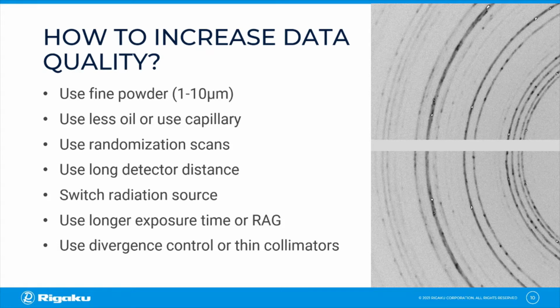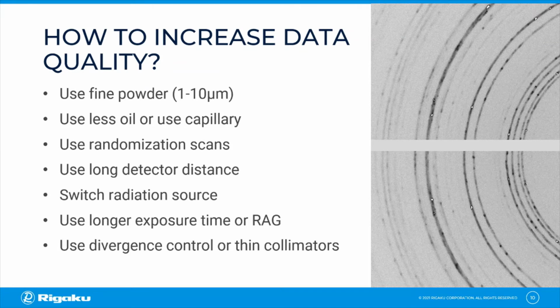This can be treated by grinding the sample powder or by randomizing the sample orientation during the experiment with Gandolfi scans. If you observe very high background, you should reduce the amount of oil or sample holder in the beam, or you can switch to a Kapton tube or a quartz glass capillary.